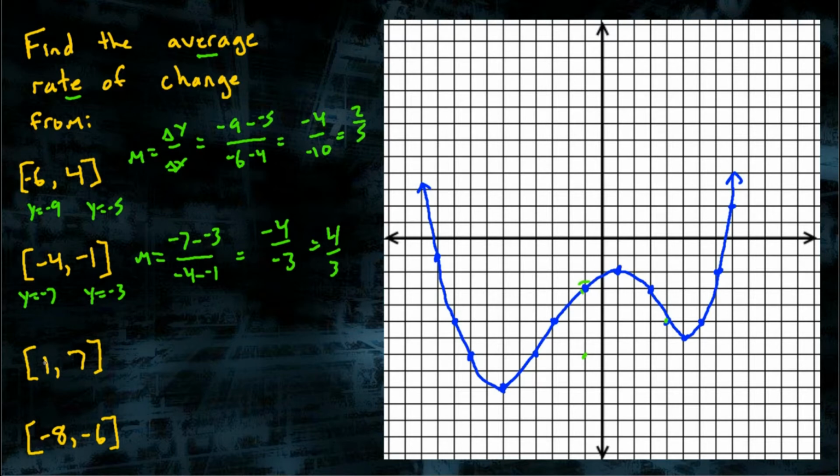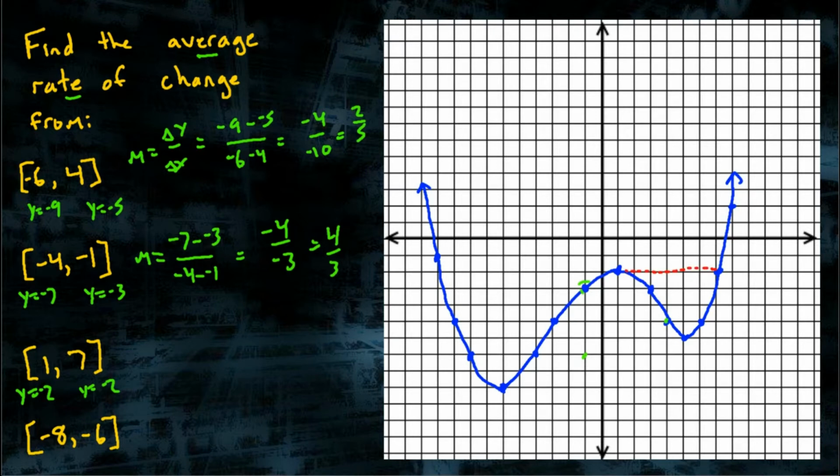Okay, 1, 7. So at 1, y is -2, and at 7, y is, let's see, 1, 2, 3, 4, 5, 6, 7. Y is also -2. So let's just think about that. If I were to connect those points, that is a flat line.